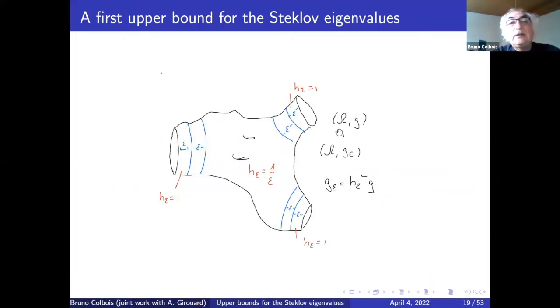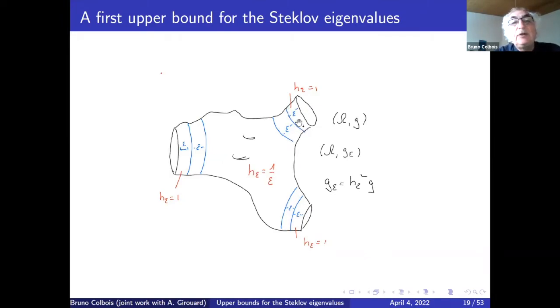You begin with a manifold with boundary, omega g. You want to construct a deformation of this metric, a conformal deformation of this metric. You do like this. You consider the 2 epsilon tubular neighborhood.